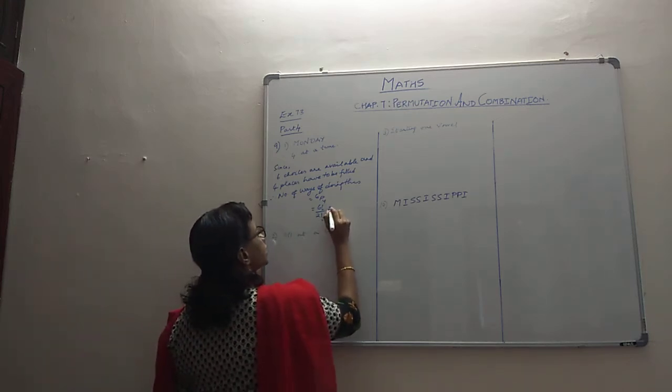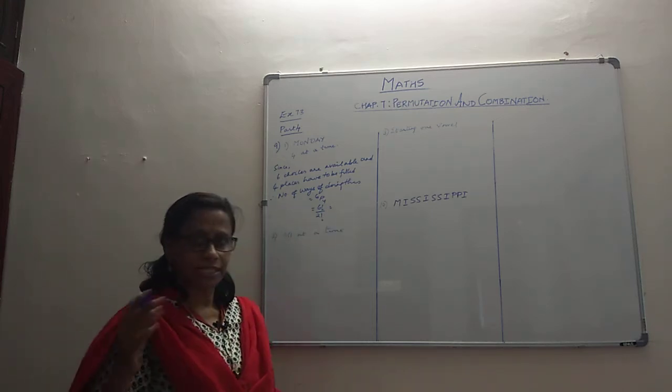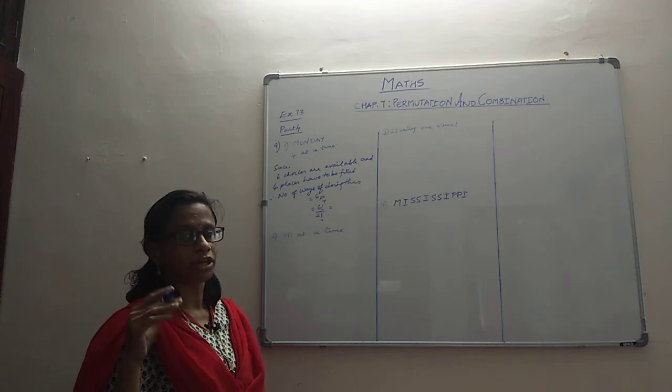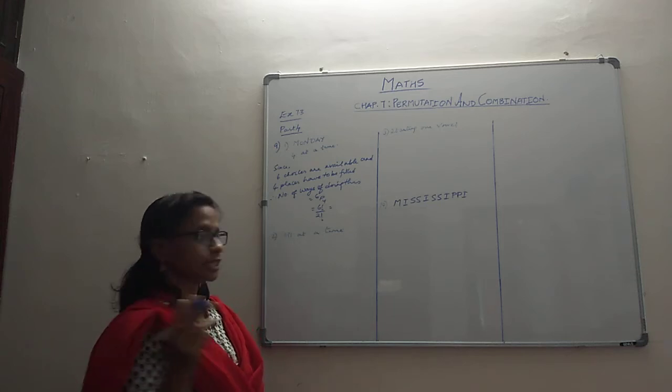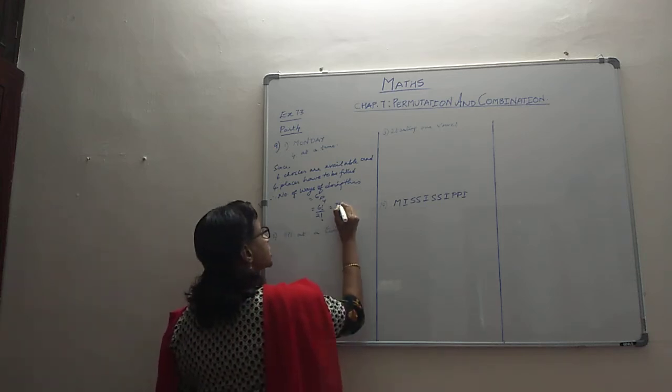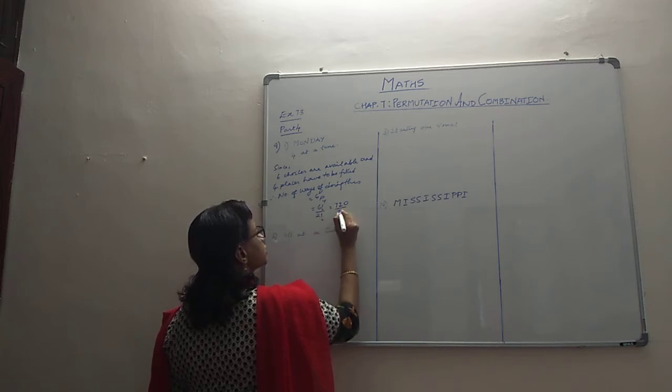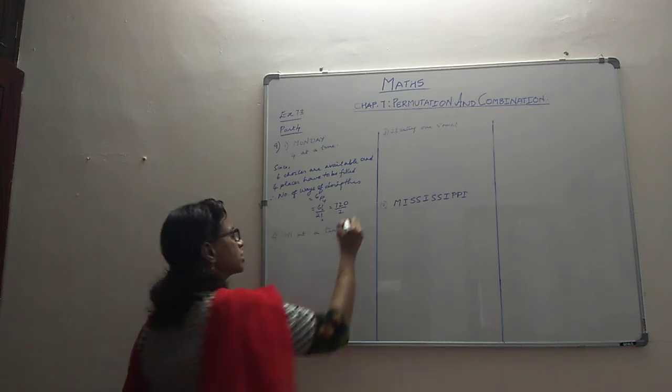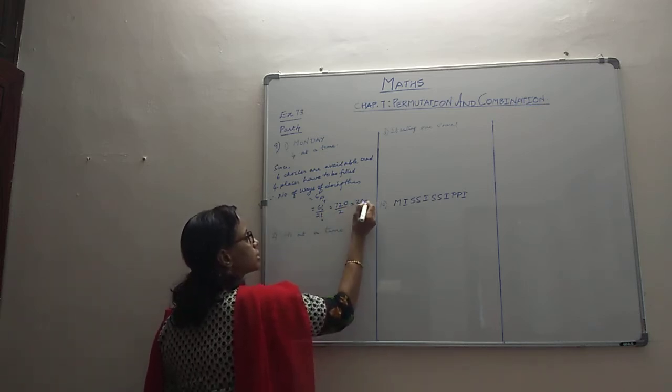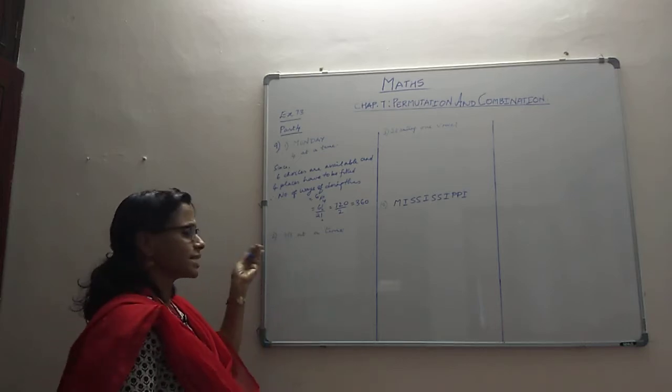And that way when we write it down, either that you write it and get the definition, or otherwise 6 factorial, if you know the value, I think that's more easier. 720 by 2, so you can have 360. That way. Next problem is exactly identical.